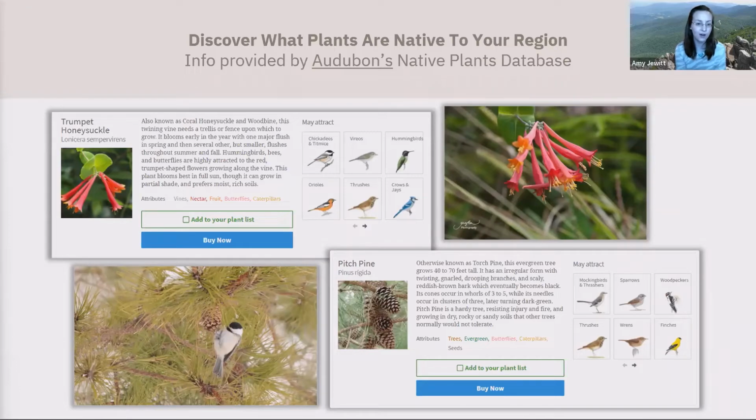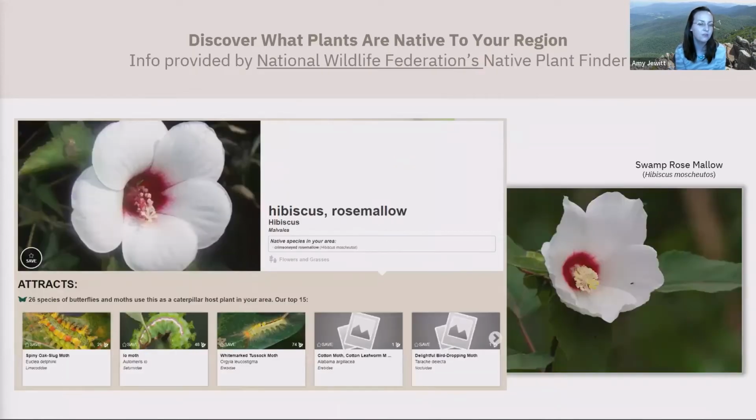And because it's the Audubon's tool, they of course are going to give you information specific about birds. So if you want to see a specific bird on your property, you can figure out the type of plants that you need to incorporate into your landscape that you know certain birds are attracted to. And then it also gives you the ability to filter by keyword if you're looking for specific plants that you have in mind.